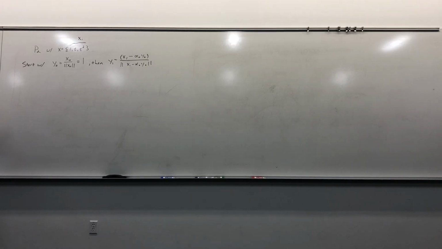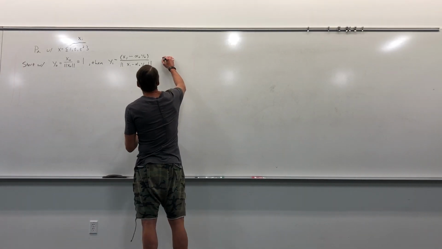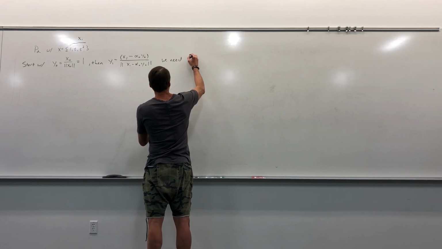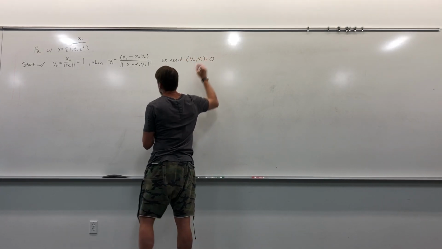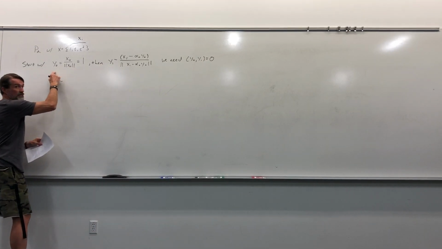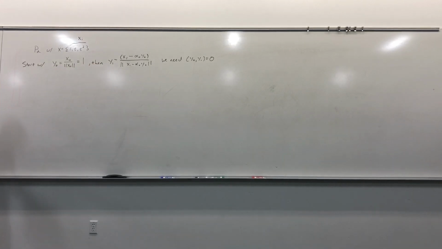Now we need to find what that coefficient alpha naught needs to be in order for this to work out. So we need the inner product of y0 and y1 to equal 0. That's the orthogonality condition which we want between this new basis. So we've got two vectors in the new basis so far, and we want them to be orthogonal. All right?